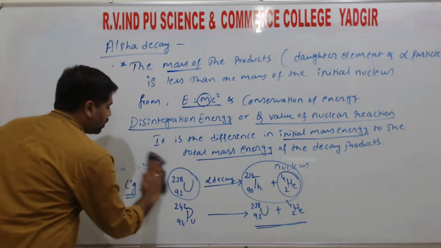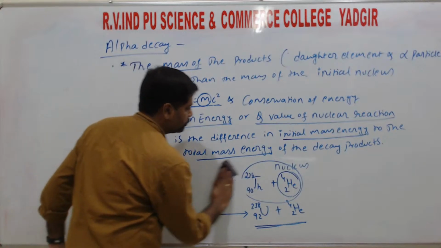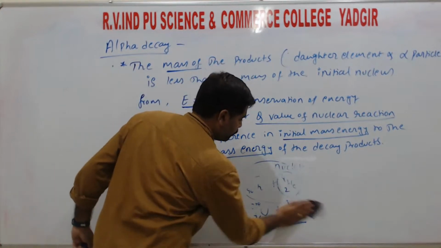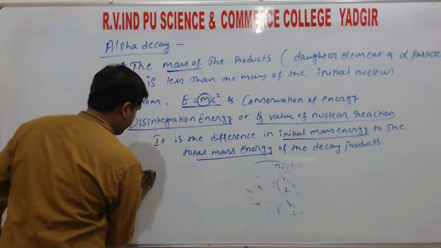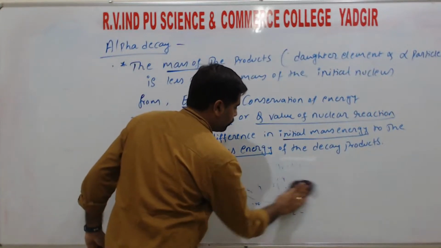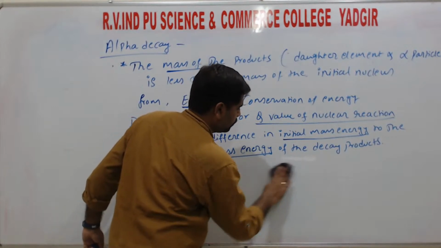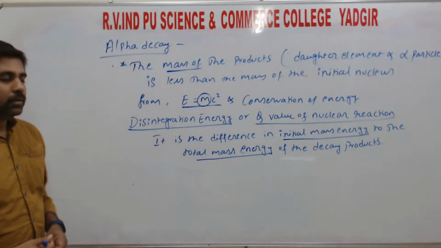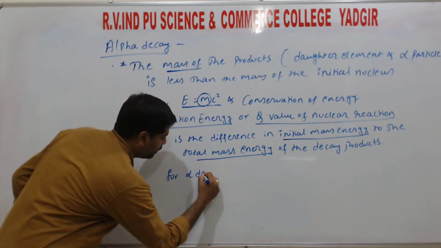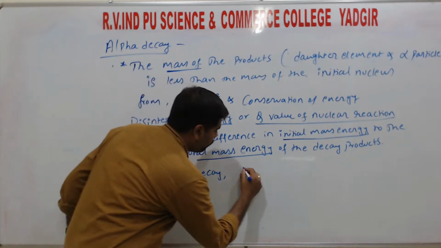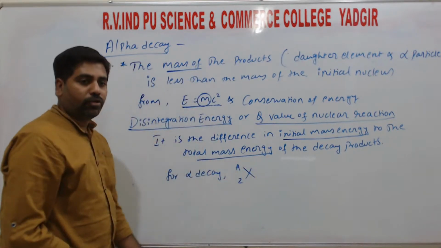So if we write the general form for the disintegration energy, for alpha decay we have the general formula X, A, Z. This one is the parent nuclei.